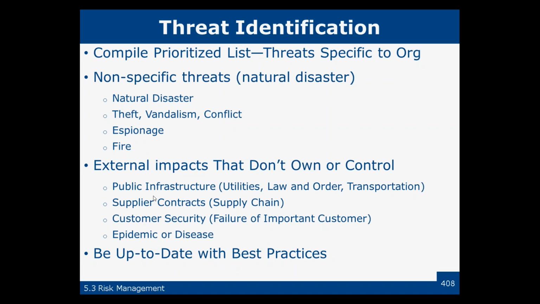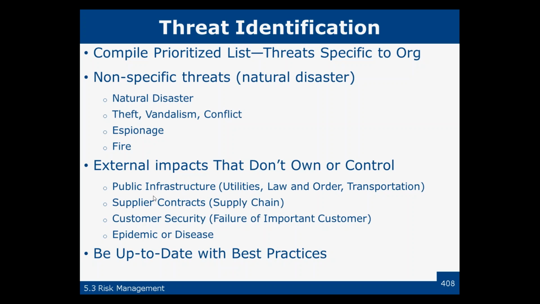Theft, vandalism, we can do the things we talked about last night with the physical security to prevent those things. Conflict, I think this is armed conflict. We're not going to be a whole lot about it. Natural disaster, there are some procedures, I think, that you can take to help protect yourself against natural disasters.